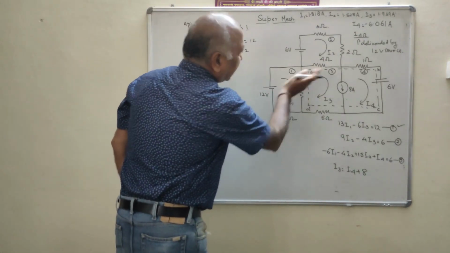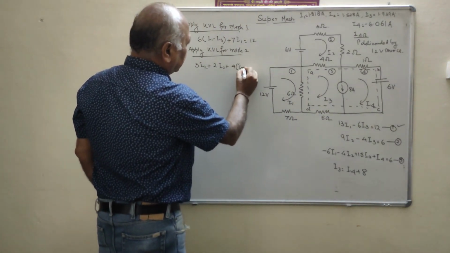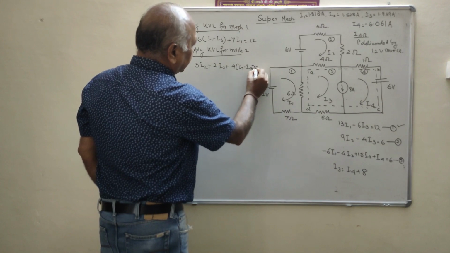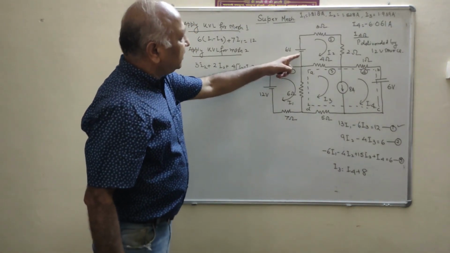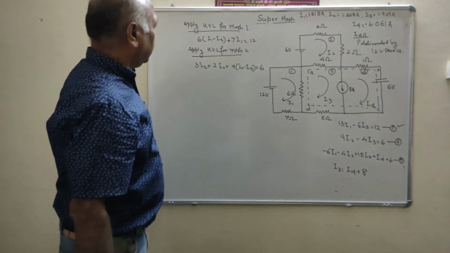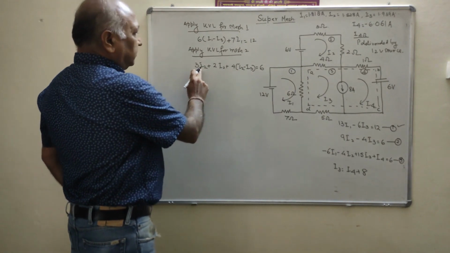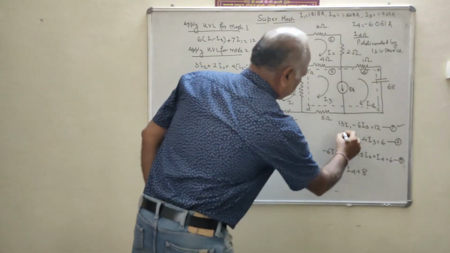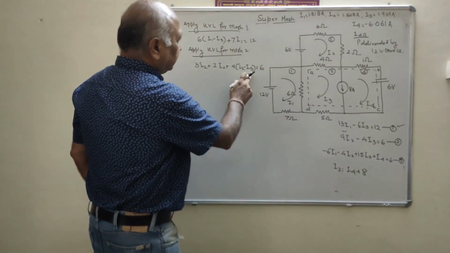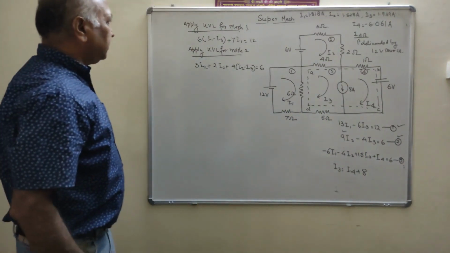I2 minus I3. That is 4 into I2 minus I3, equal to 6, because the current is flowing from negative to positive. Now 3 I2 plus 2 I2 is 5 I2, plus 4 I2 is 9 I2, minus 4 I3 equals 6. This is equation number 2.